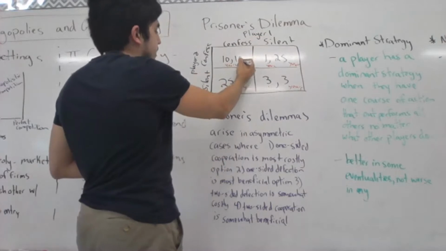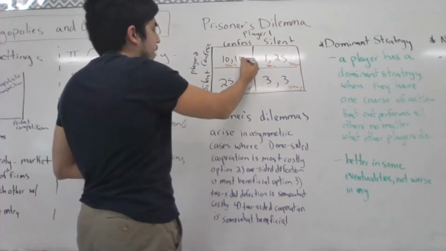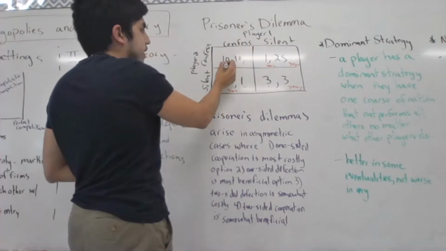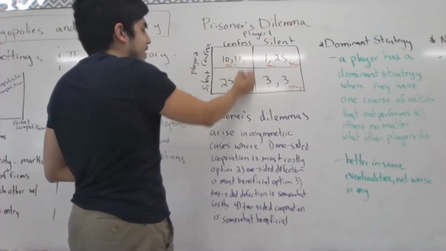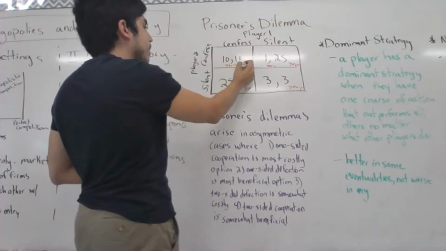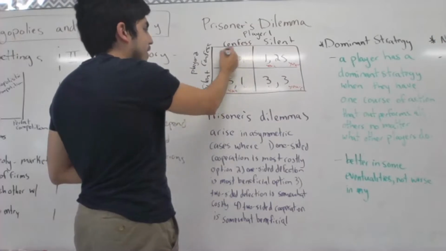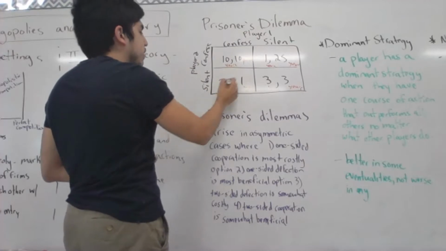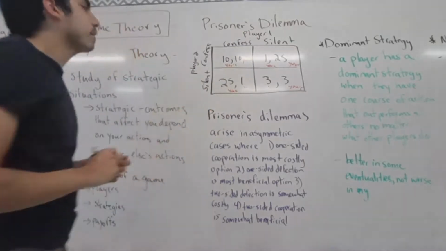If player 1 confesses, then player 2 will get 10 years in prison if they confess. And if player 1 confesses, player 2 will get 25 years in prison if they stay silent.